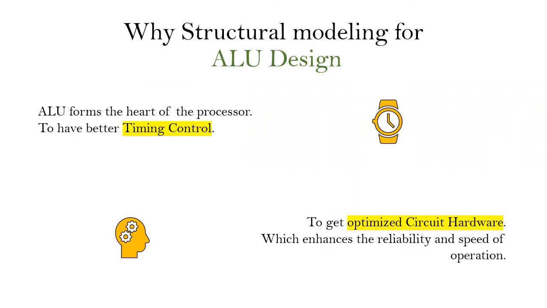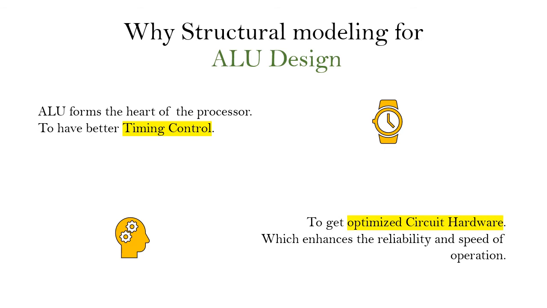In this slide, we try to convince why structural modeling is used, although powerful behavioral modeling tools are present. ALU forms the heart of any processor. It's the computational unit of any processor, and it is always operated at high speed, and it also expects results with minimum glitches and fast output. So ALUs should have better timing control.